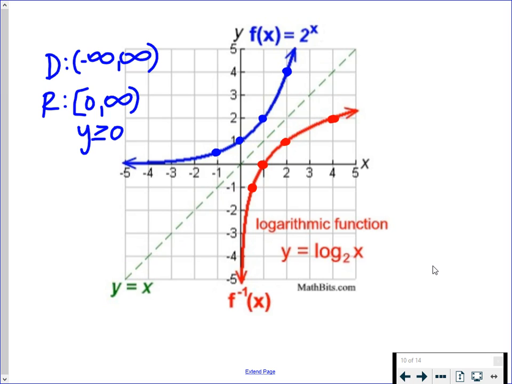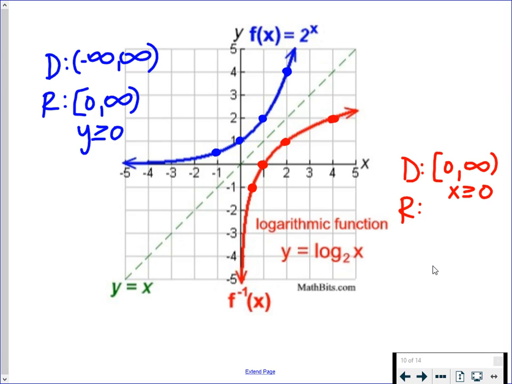So with a logarithmic function, if it is the inverse of an exponential function, and we find the inverse and switch x and y, then we just switch our domain and range also. Our domain in this case starts at 0 and goes to infinity, or x is greater than or equal to 0.